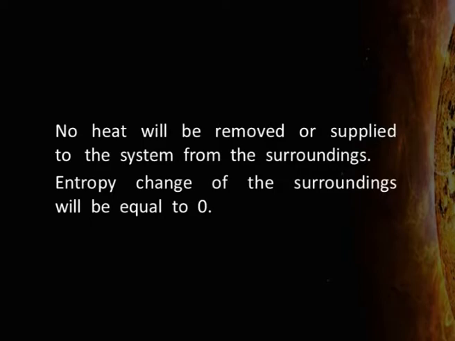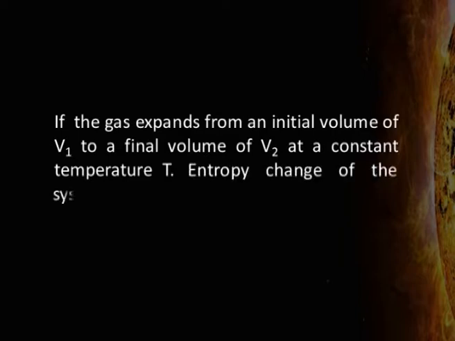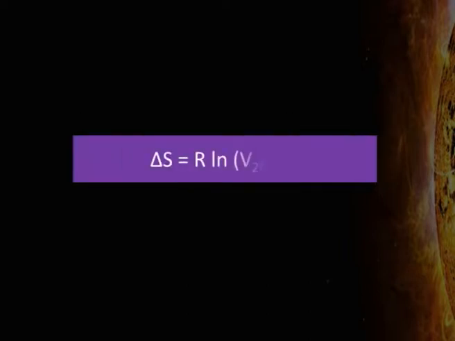You also know that entropy is a state function, that is, it depends only on the state of the system, that is pressure, temperature and volume. If the gas expands from an initial volume of V1 to a final volume of V2 at a constant temperature T, then the entropy change of the system will be given by the equation delta S equals R natural log V2 divided by V1.